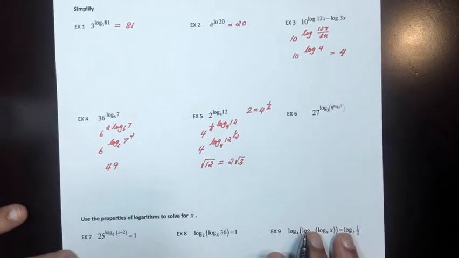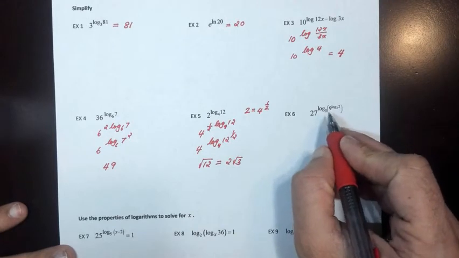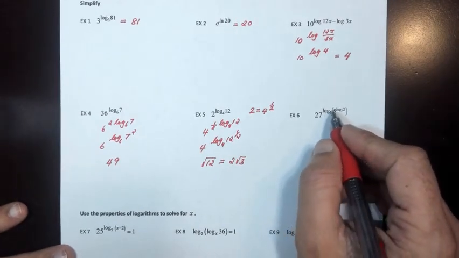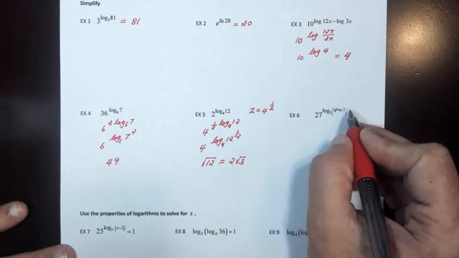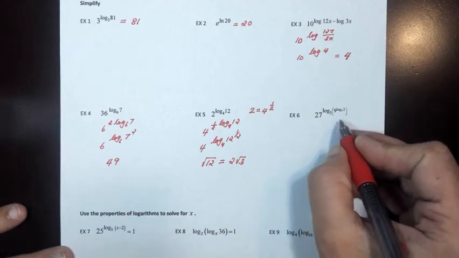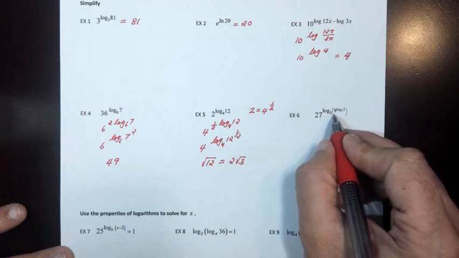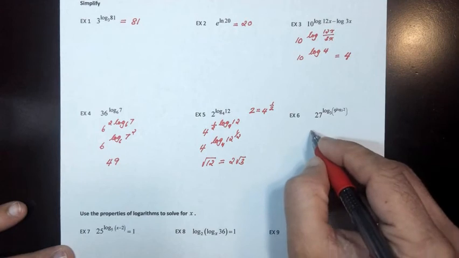Okay. So we have 27 to the power of, this is kind of tricky, but not really. 27 to the power of log, and 9 to the power of log 2 to the base of 3. So if we look at this particular expression in the parentheses, you understand. Let's write it down here.